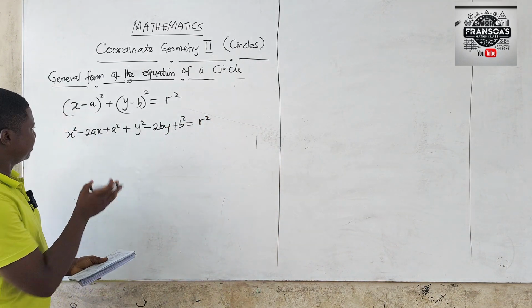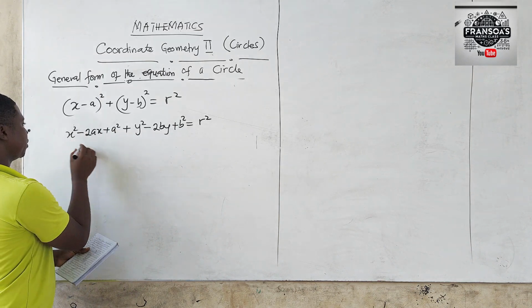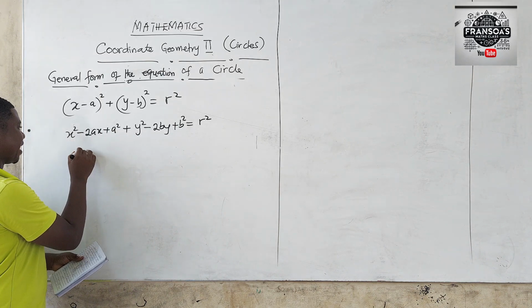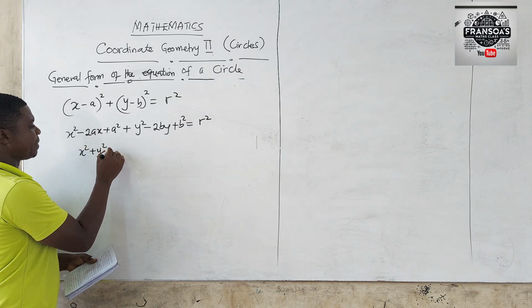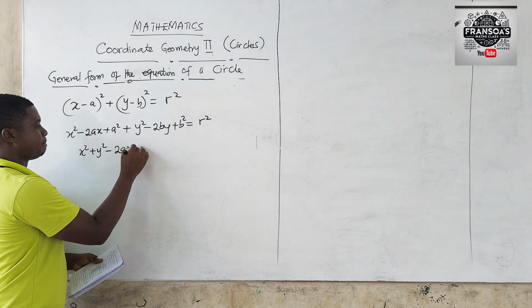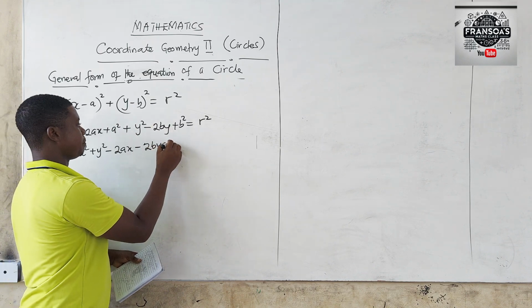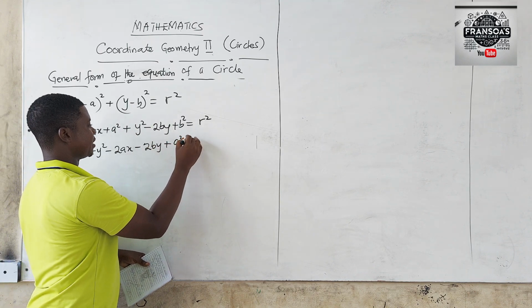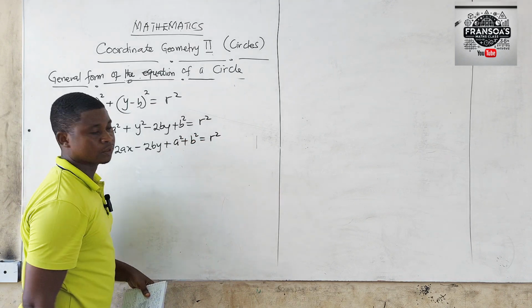So we can group like terms. We have x squared plus y squared, then minus 2ax minus 2by, then we look at the constants: plus a squared plus b squared is equal to r squared.